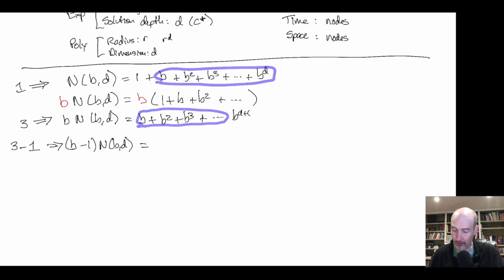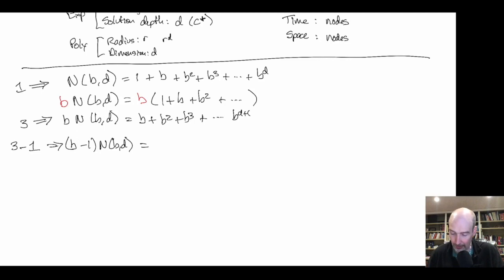The only thing left is 1 term on the end and 1 term on the end. So we get b to the d plus 1 minus 1. Now we can do a little bit more algebra: n of b comma d is equal to b to the d plus 1 minus 1 over b minus 1.